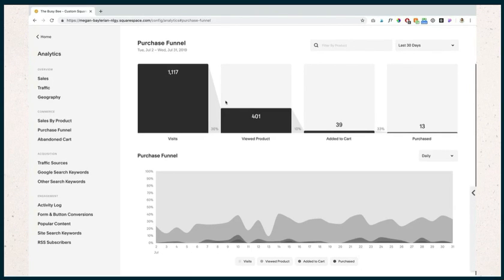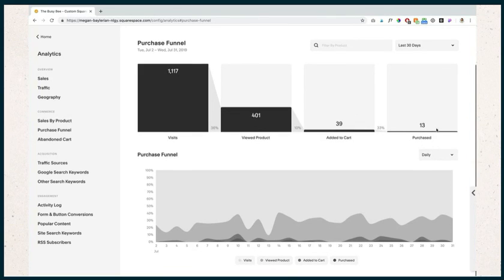It gives you insight into how many visits convert into purchases and where customers are actually dropping off. So you can see out of, let's just round it out, 1,000 visits to my store, 401 actually viewed a product. Out of those 400 viewers, 39 of them added to a cart, and of those 39 that added to the cart, 13 purchased.